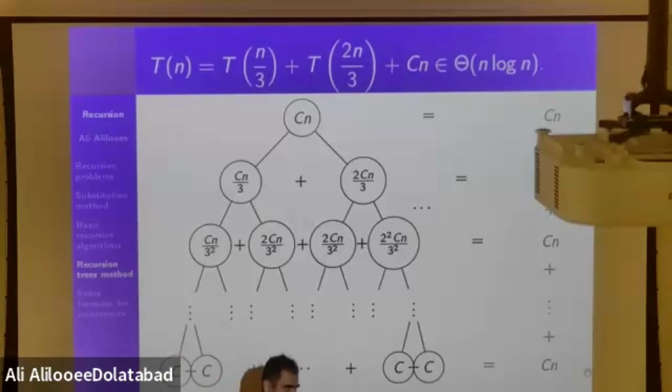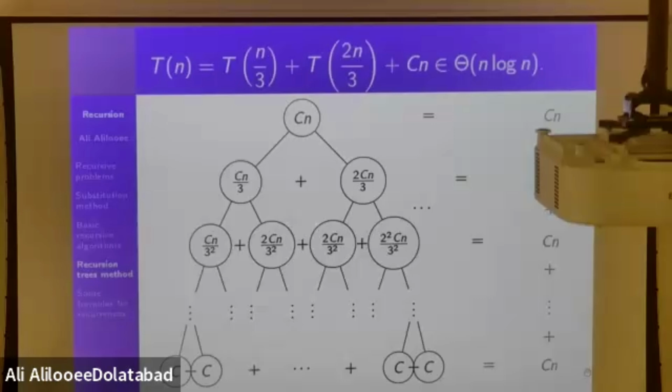Therefore, every node has 2 children. If you had, for example, 3 recursive calls, then every node would have 3 children. The number of children of a parent is identified by the number of recursive calls, and here, since there are 2 recursive calls, every node has 2 children.